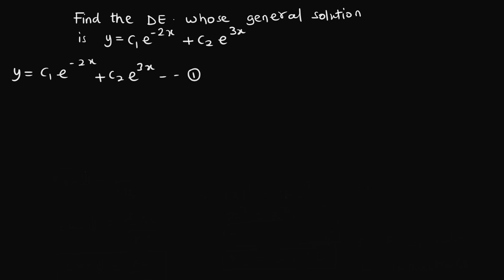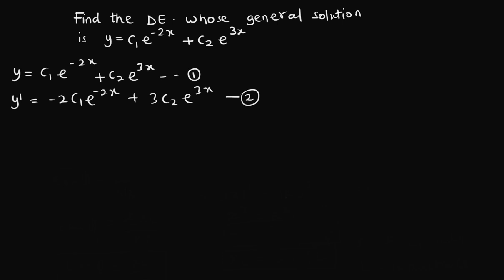Then I'll find the first derivative of this solution, so y prime is equal to minus 2 c1 e to the power minus 2x, that was the chain rule that we applied there, plus 3c2 e to the power 3x. This will be my equation 2.